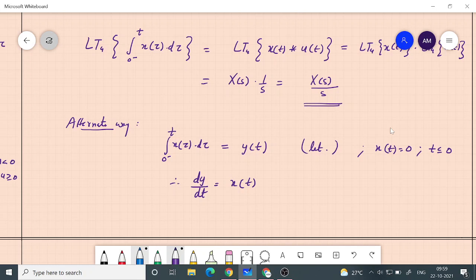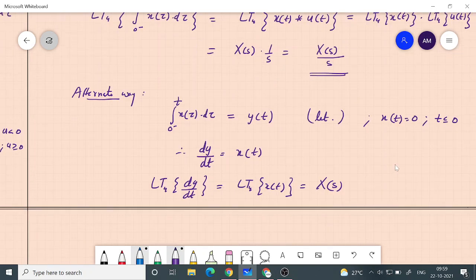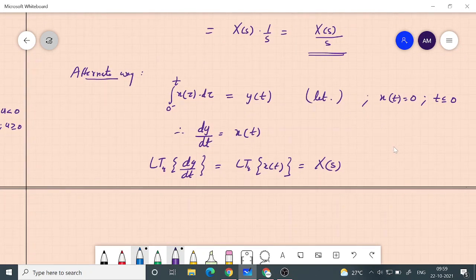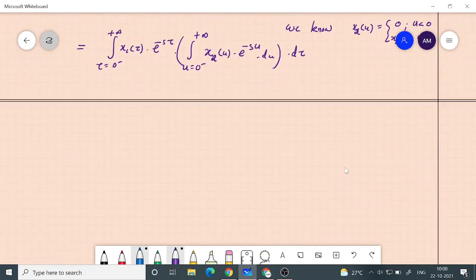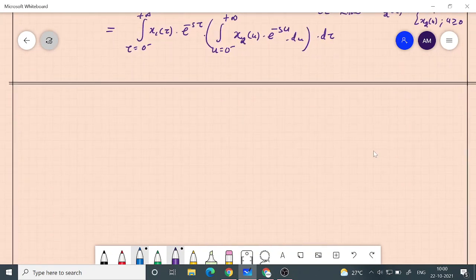And then what we said is that if you take the Laplace transform on both sides, the Laplace transform of dy by dt is equal to the Laplace transform of x of t. But this we know, this is X of s. And we also know the property of the Laplace transform of a derivative. So the Laplace transform of dy by dt is equal to X of s.